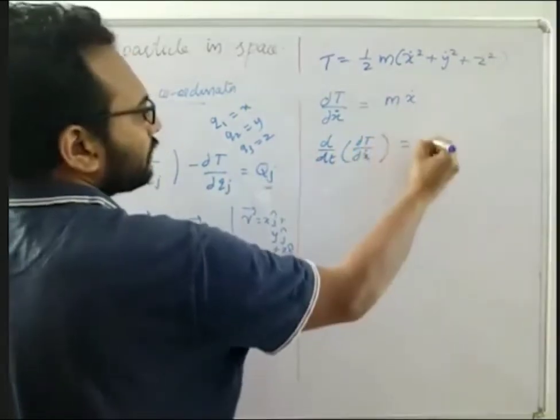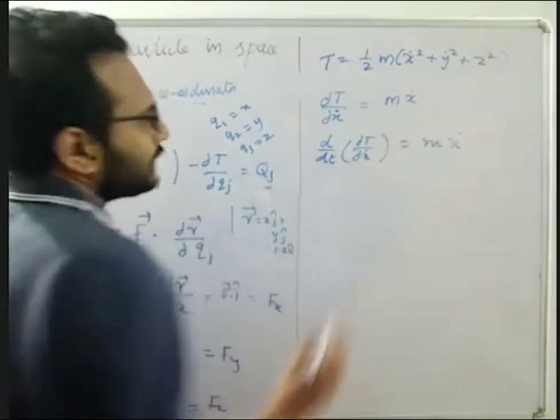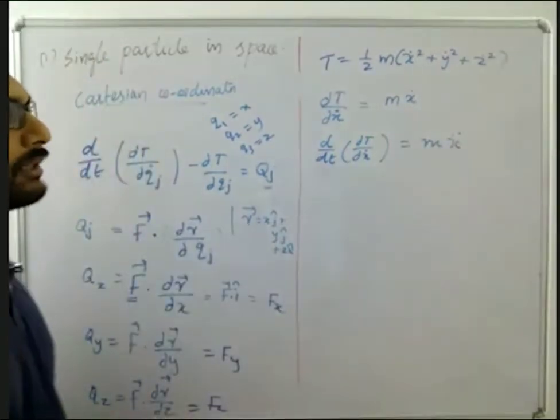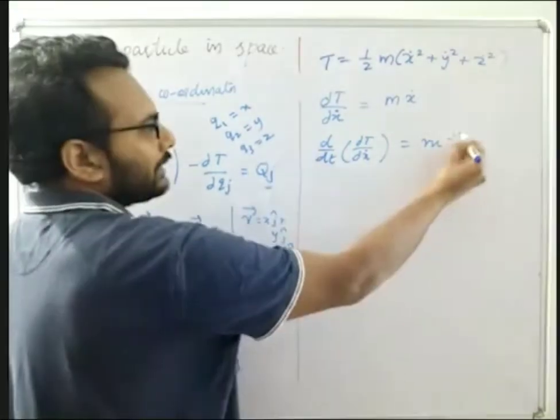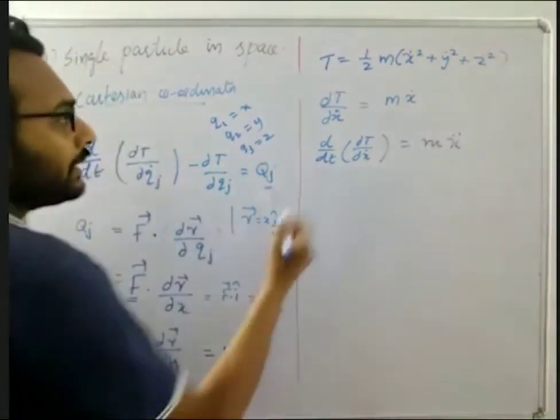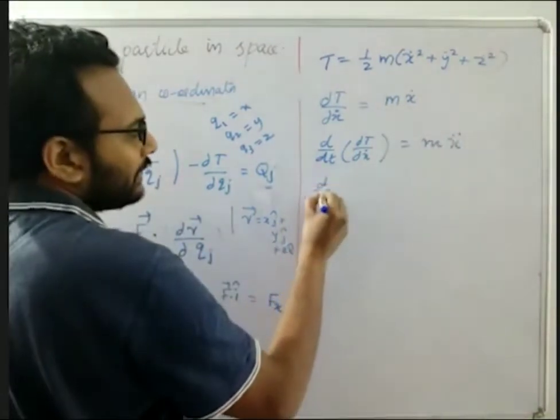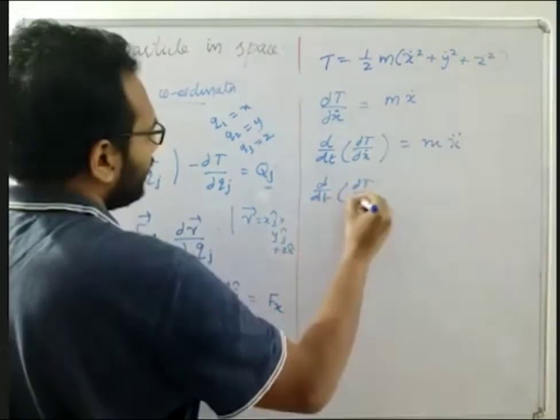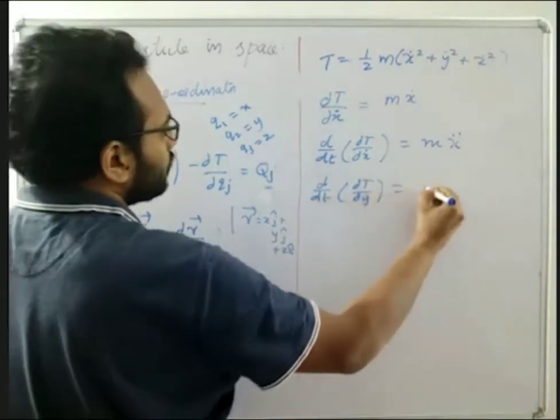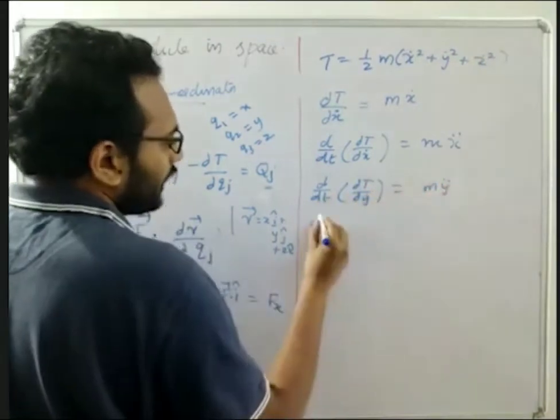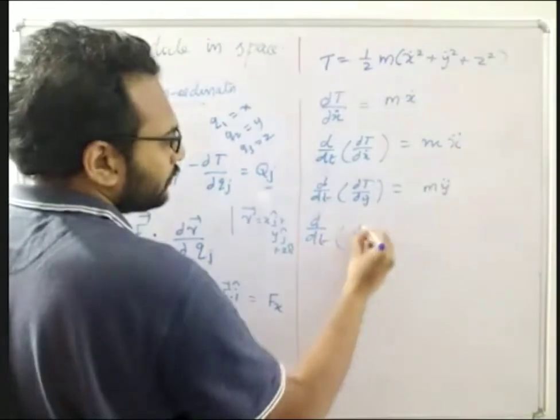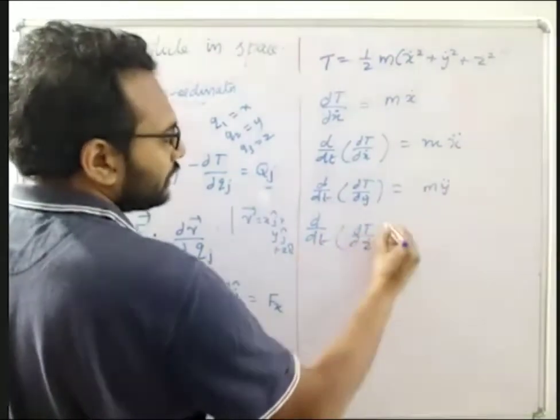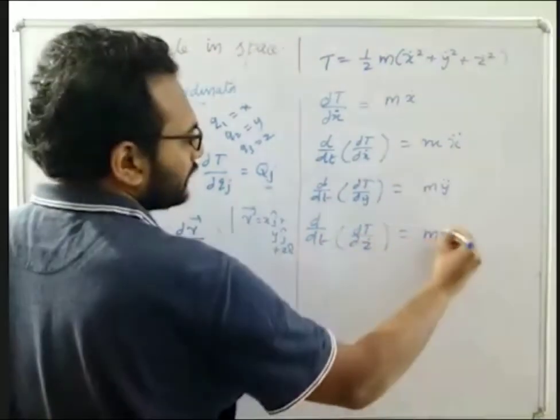That's just the time derivative of this, so it would be m x double dot. Similarly, we'll get d by dt of dou T by dou y dot is equal to m y double dot, and d by dt of dou T by dou z dot is equal to m z double dot.